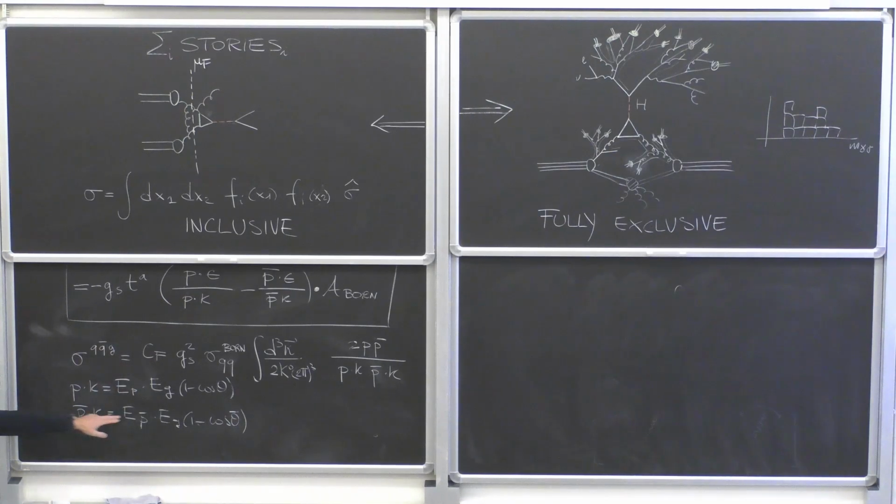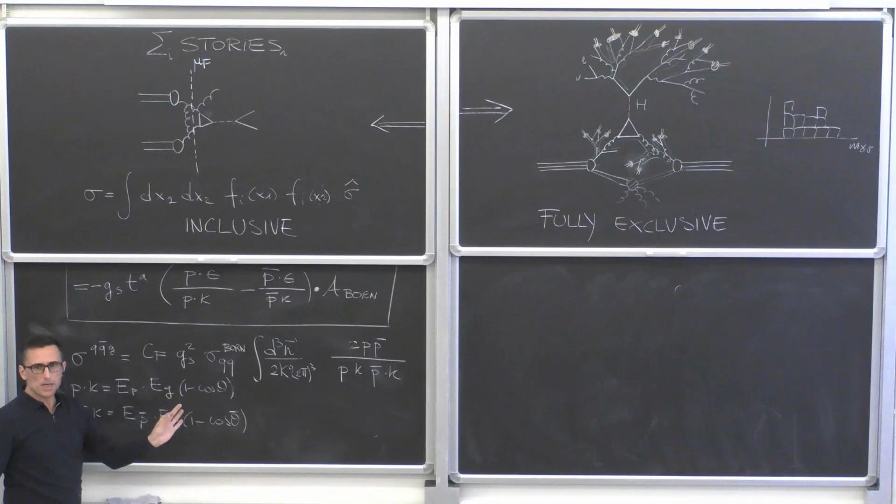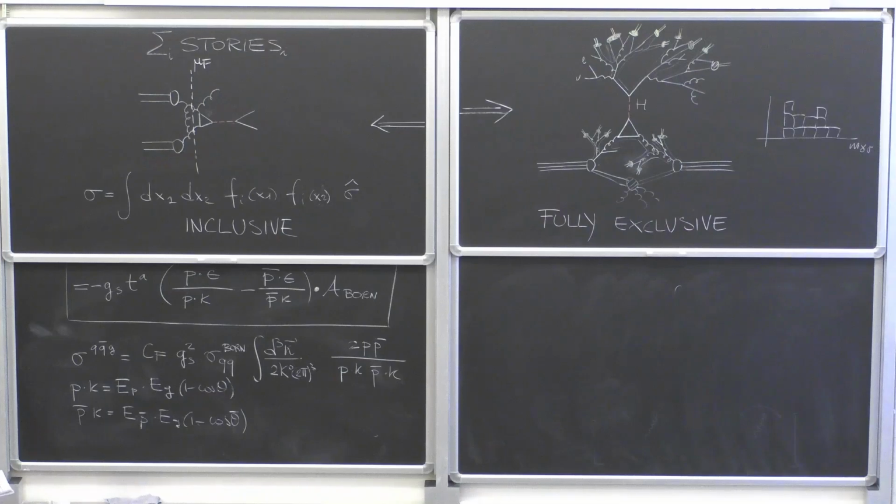This is the angle between the p bar and the gluon, and this is the angle between the p and the k.